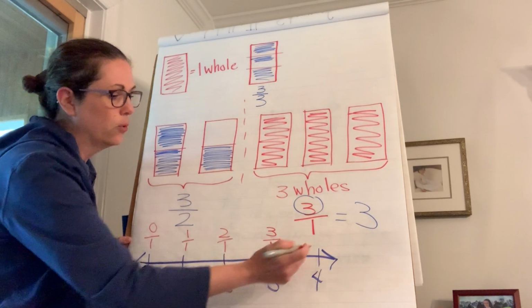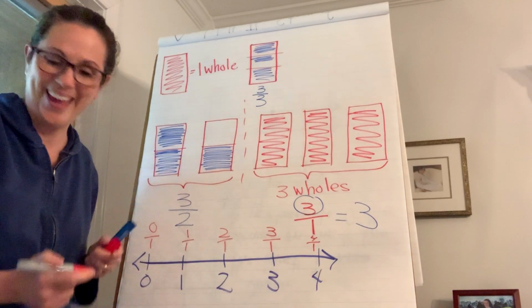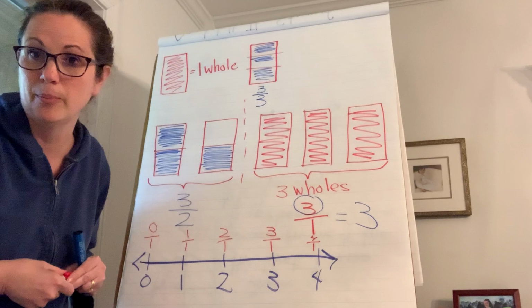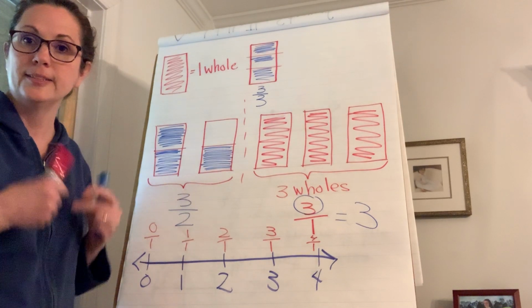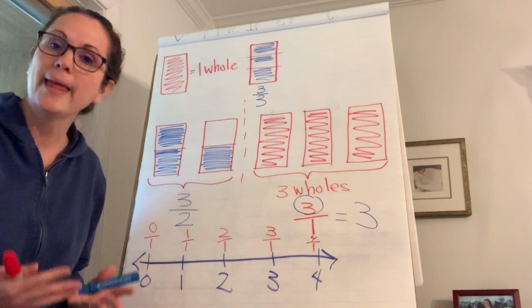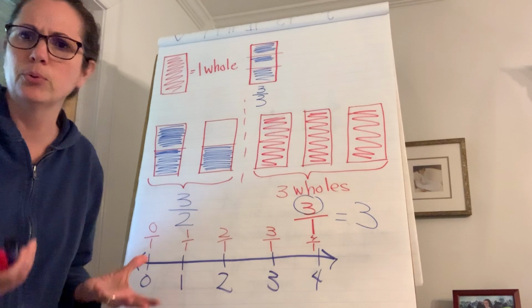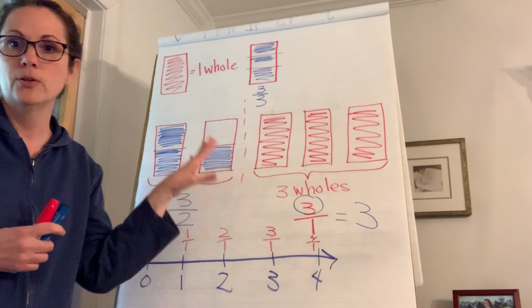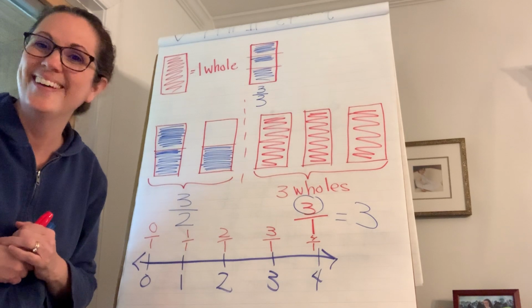The fraction for 4 whole things is 4 over 1, and so on, okay? That's your lesson today, boys and girls. That's what the problem set is basically all about, okay? It's expressing a whole number as a fraction. And like I said, it doesn't seem like it's important right now, but someday it will be. So this is just good information to keep stored up here in your brain, okay?